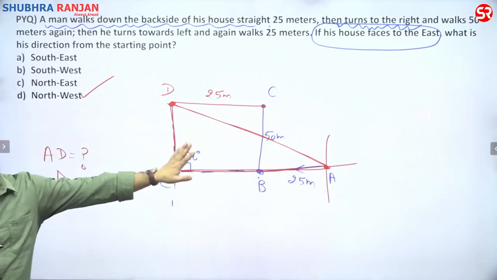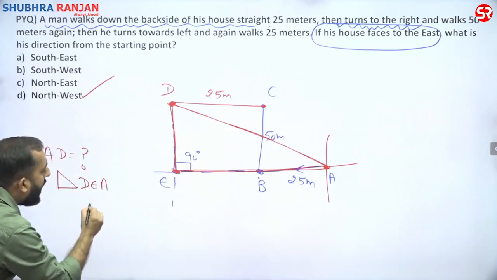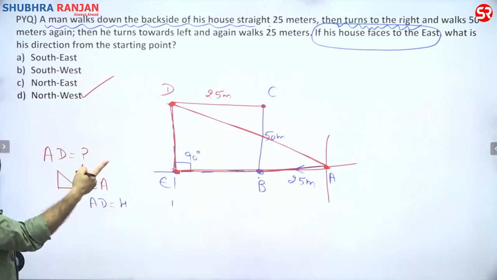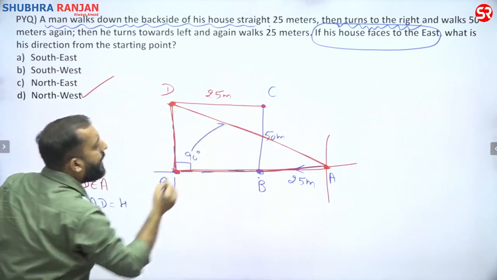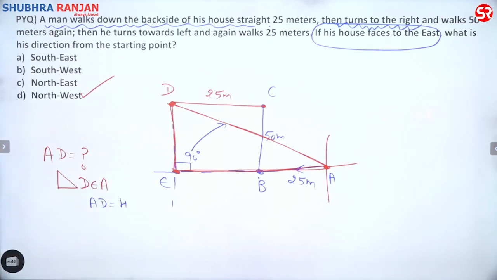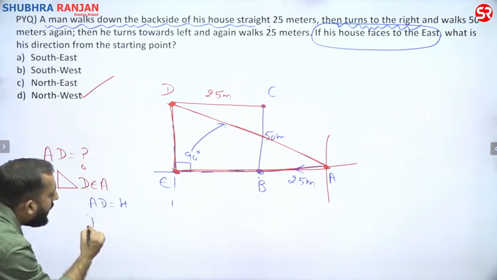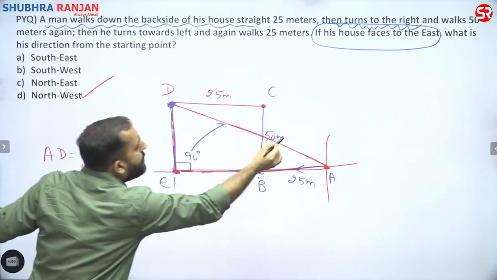I hope the triangle is visible to all. In this right angle triangle, now see one thing. AD is the hypotenuse, because AD is the side opposite to 90 degrees, and in a right angle triangle, the side opposite to 90 degrees is the hypotenuse. What about the other two? DE. The length of DE must be 50 meters.